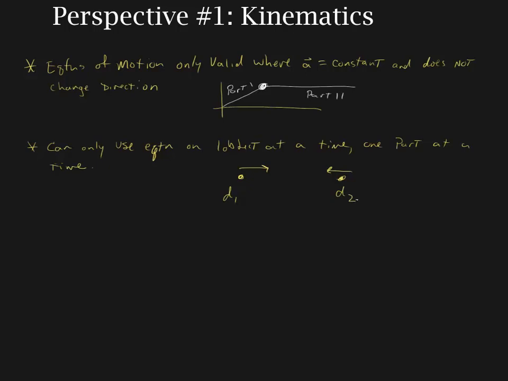So just remember that rule. One object at a time, one part at a time. So you may use the same equation more than once as long as you follow the rules for using the equation. There are 4 basic steps that you're going to follow when problem solving.